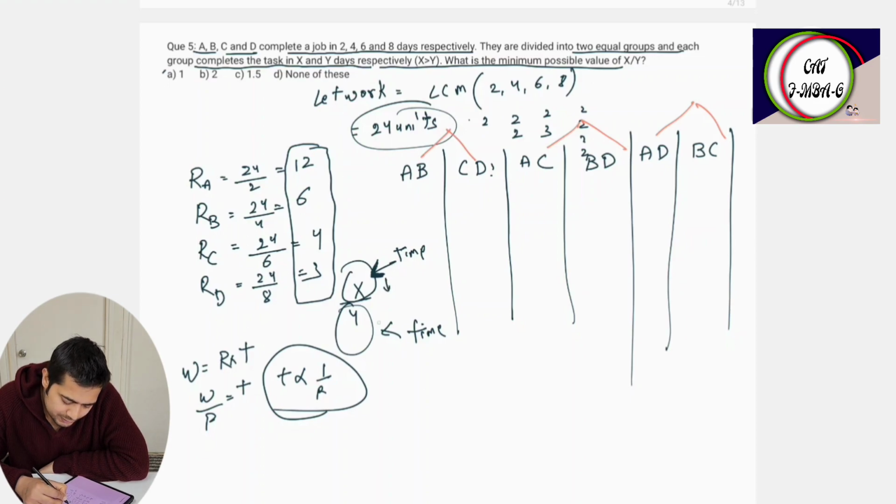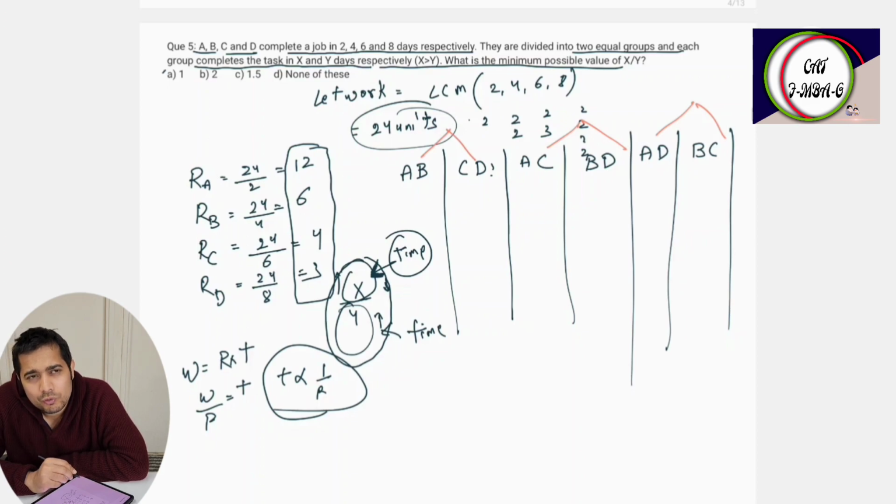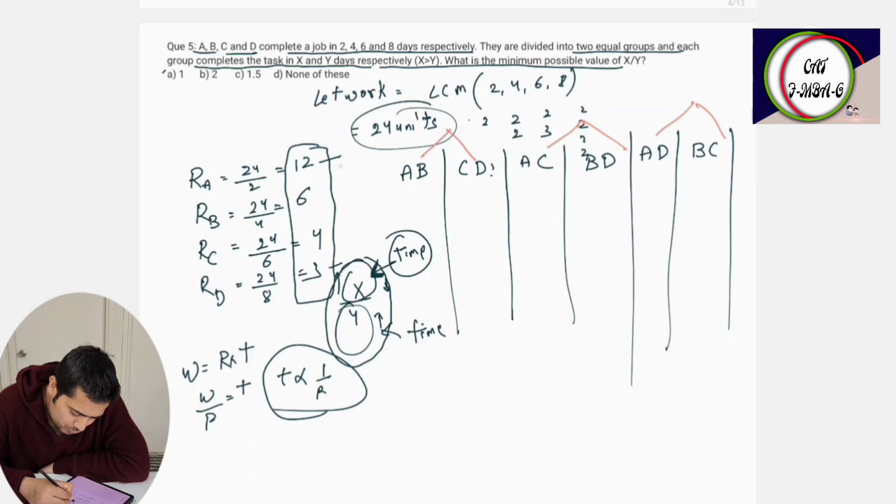To decrease the time we have to increase the rate. Now the two groups should be close to equal to each other, then only the ratio is going to be minimum.